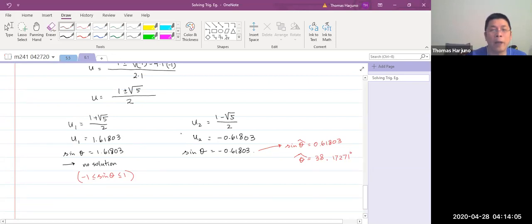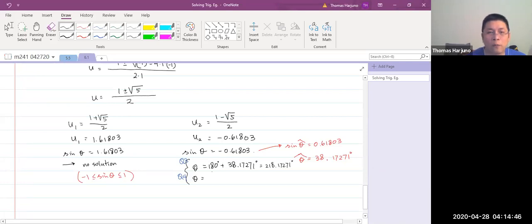Now then I go back. I need the theta in quadrant 3 and in quadrant 4. In quadrant 3, that would be 180 degrees plus 38.17271 degrees, that's 218.17271 degrees.